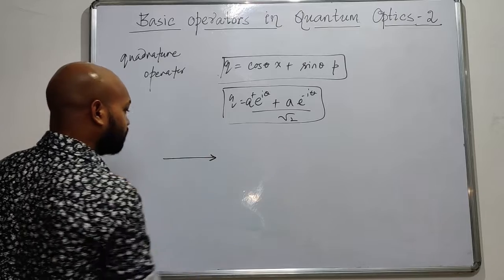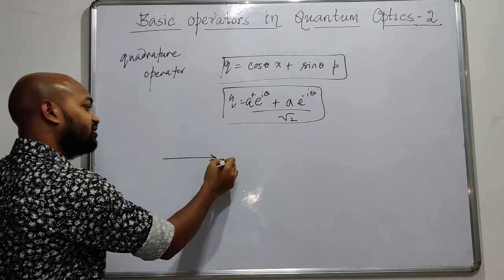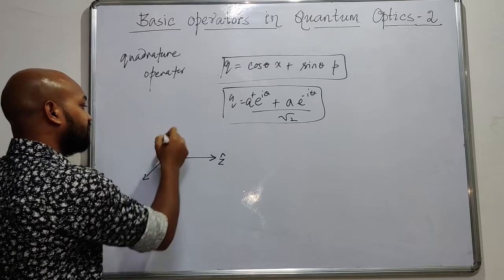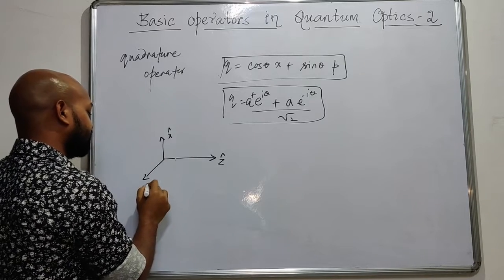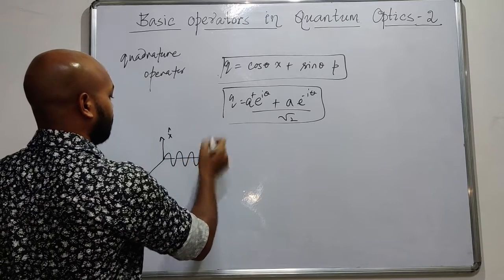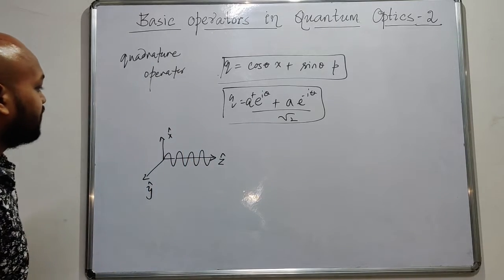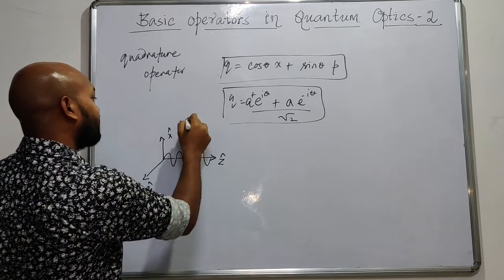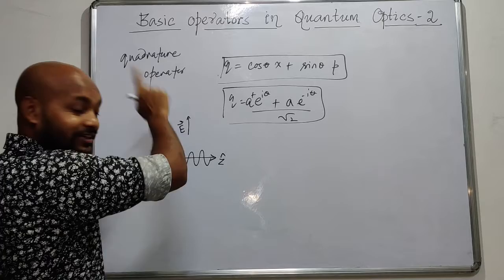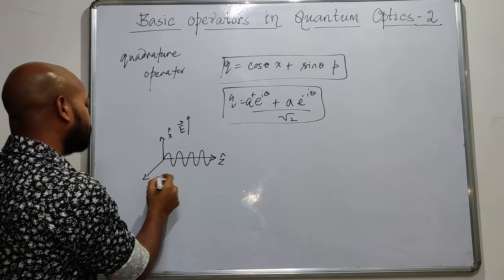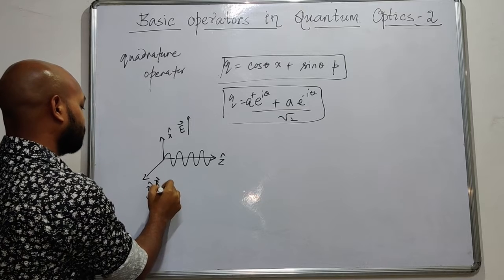Suppose a light wave vector is propagating in the z direction, and this is the x direction, this is the y direction. So if the wave is propagating this way, then I could choose the electric field vector's direction to be the x direction, and the magnetic field direction to be the y direction.